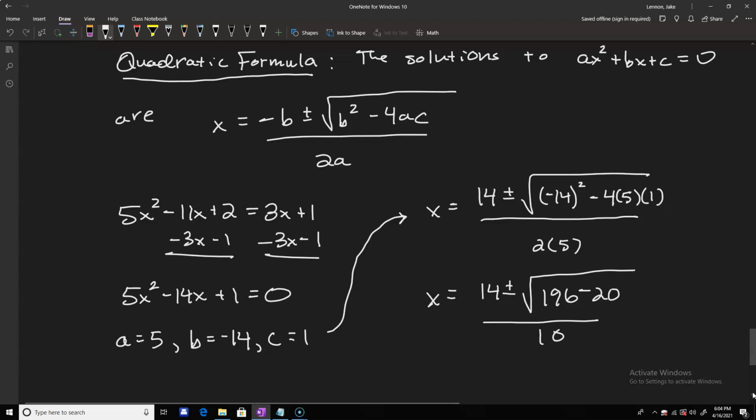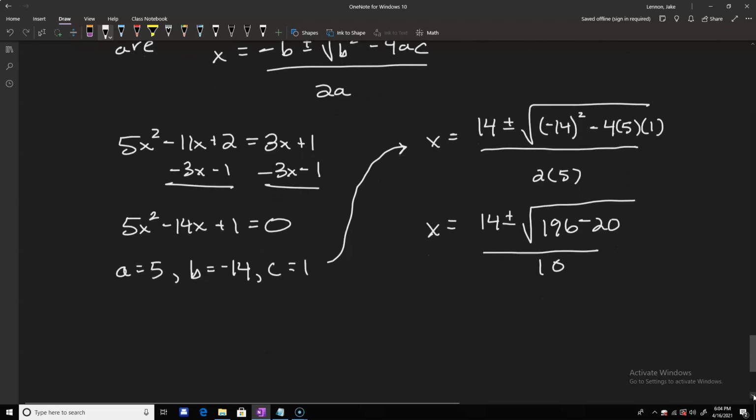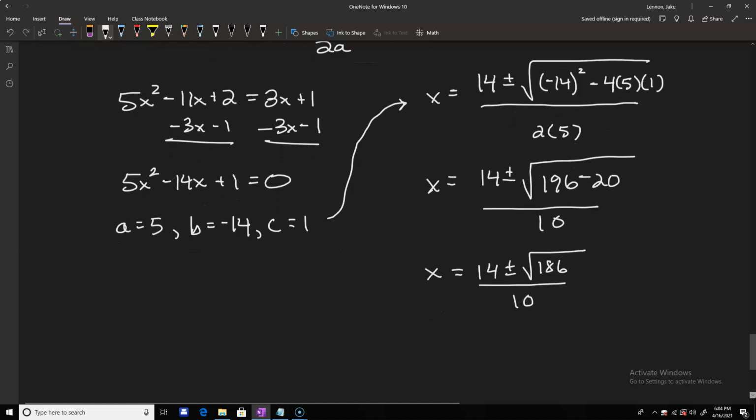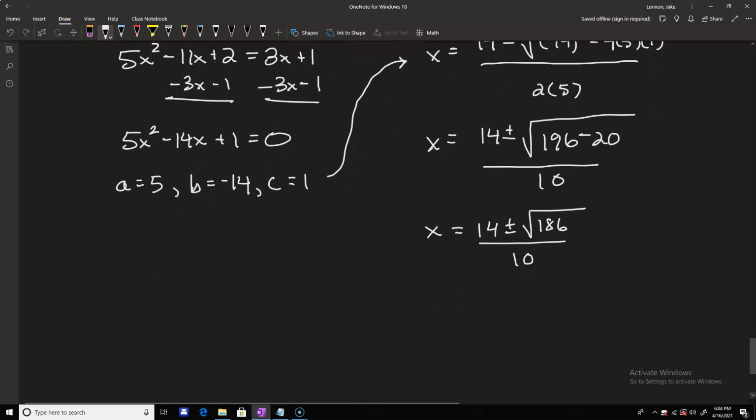And this would come out to x equals 14 plus or minus the square root of 186, divided by 10. We could simplify this a bit more maybe. Again, from roots and radicals, we'd have to see exactly what the prime factorization of 186 is. So we could try that to see if there's any squares we could cancel out.